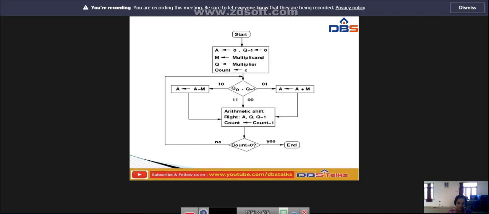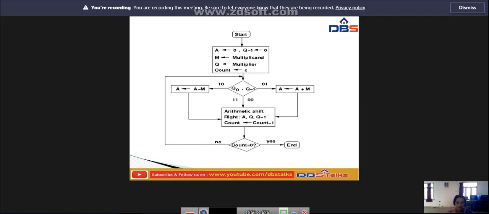If the two bits are equal to 01, it means the first 0 in a string of zeros has been encountered. This requires adding the multiplicand to the partial product in AC. When the two bits are equal, the partial product does not change.